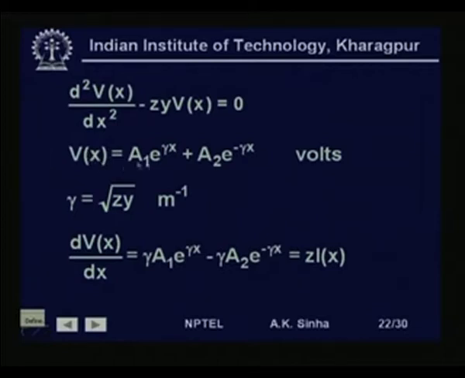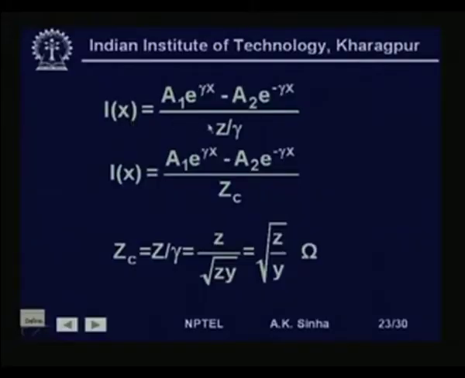Now, again differentiating this equation with respect to x, we have dV(x)/dx is equal to gamma a1 e to the power gamma x minus gamma a2 e to the power minus gamma x, and this will be equal to z into I(x), because dV(x)/dx is z into I(x).